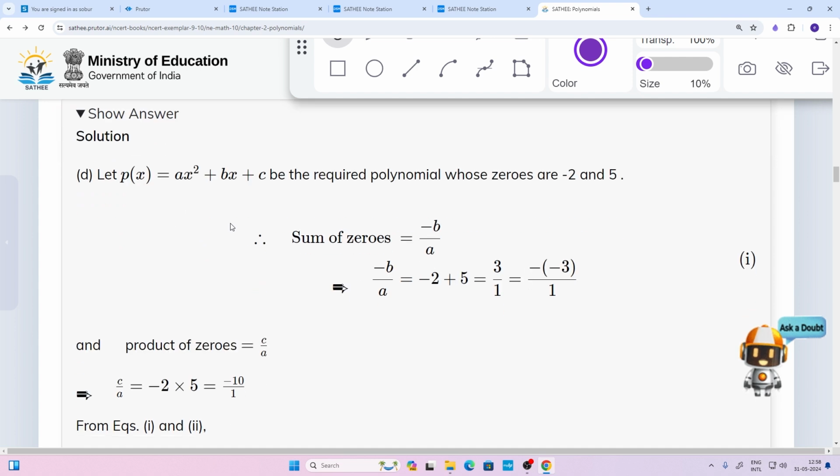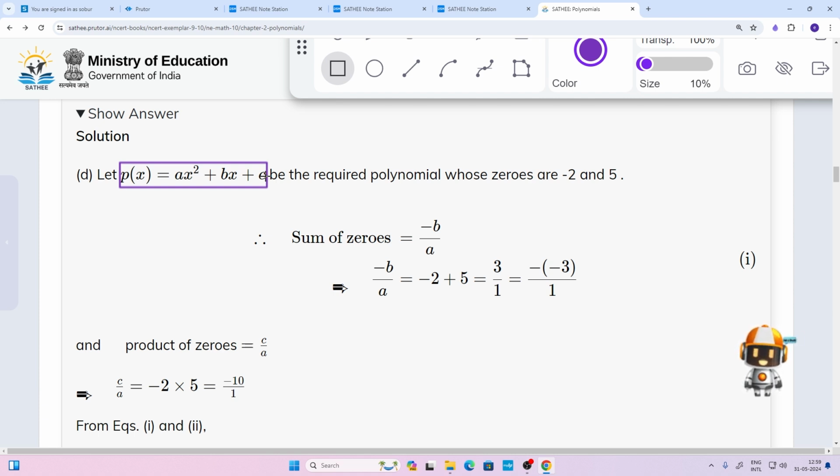First we let p of x equal ax square plus bx plus c, and we let this be the required polynomial whose zeros are minus 2 and 5. The sum of zeros is equal to minus the coefficient of x divided by the coefficient of x square, so sum of zeros is equal to minus b upon a.